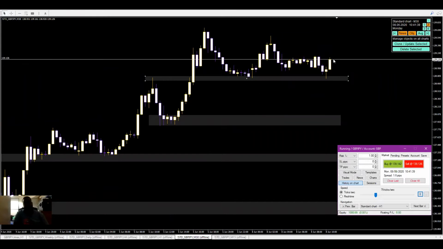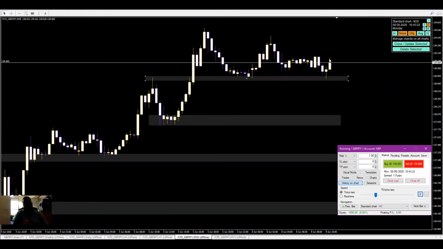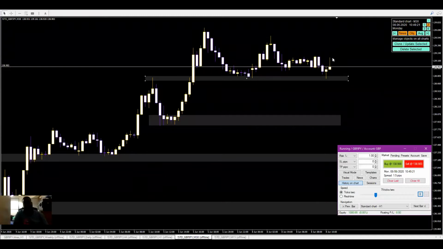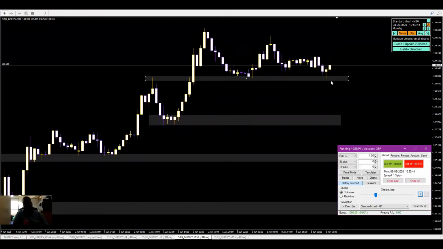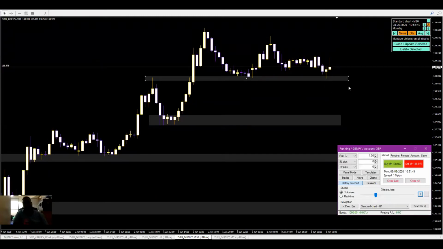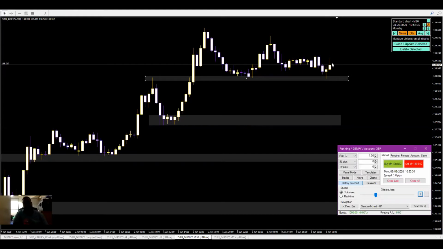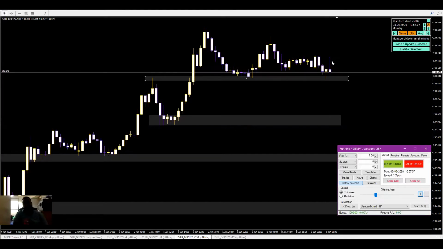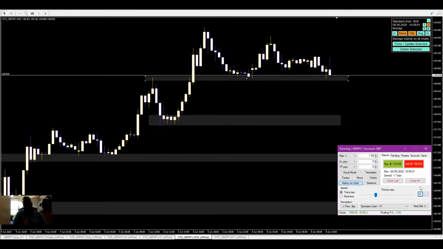And me personally, I'm thinking this might be a liquidity wick to push us down, because like I said, price usually pushes in the direction it doesn't want to go first, and then starts coming in the direction it really wants to go. So you can see that's kind of happening now. With that big bullish candle, it might have gotten a lot of traders to say, oh yeah, we're in buys. And then this is what's really happening, right?